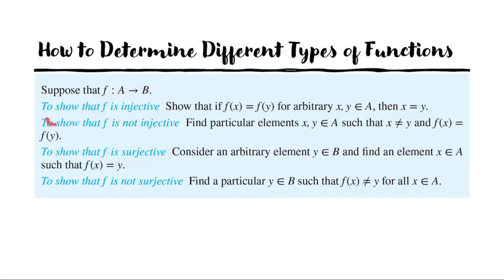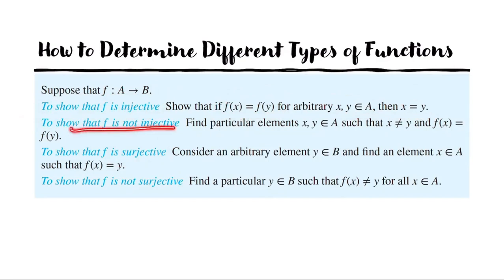So let's look at how we show a function is injective. To show that a function is injective, you need to show that if f of x equals f of y for arbitrary x and y from your input, then x and y are equal to each other. So if two outputs are the same, that implies their inputs need to be the same.